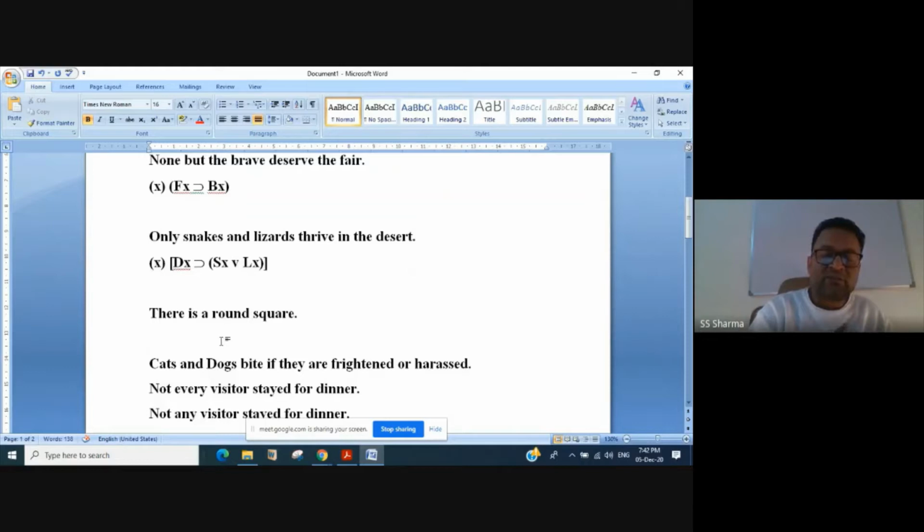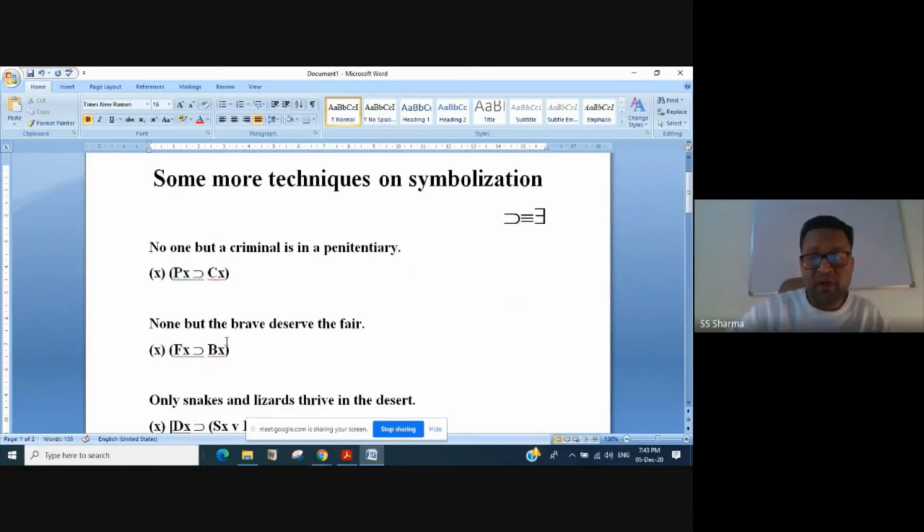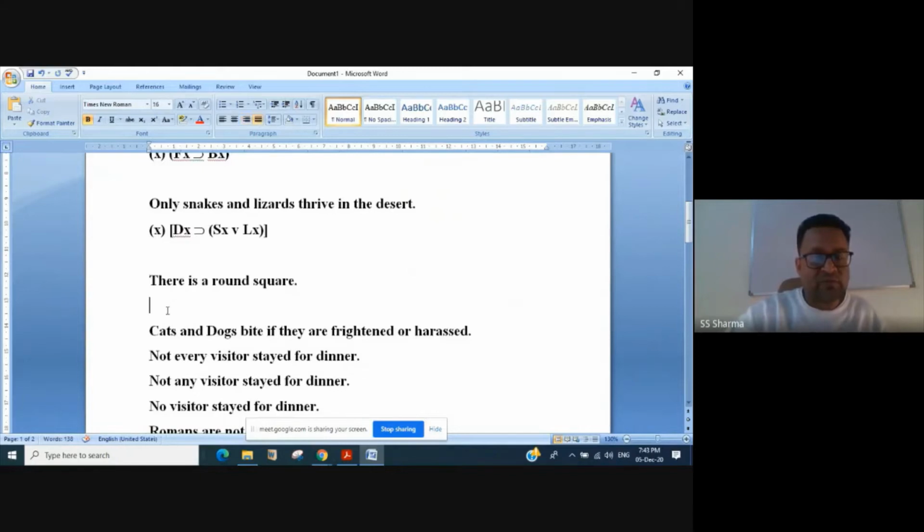The symbolization clearly says that there is a round square. First thing is that it is an existential quantifier, because they are talking about there is something, and there is means existence. So there exists a thing which is round and which is also square. I will copy this mark from here so that we can use it here.